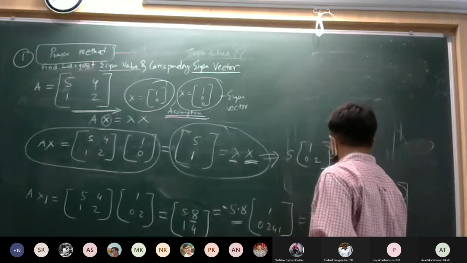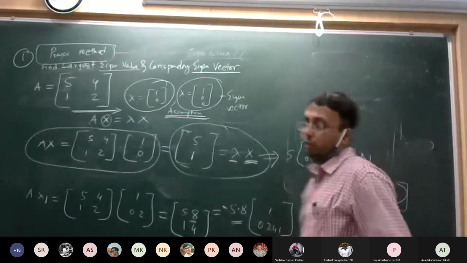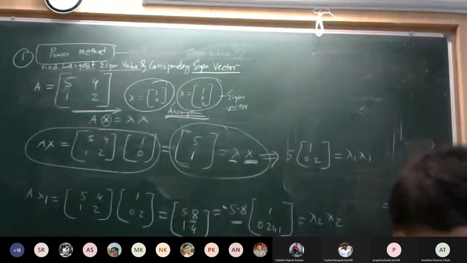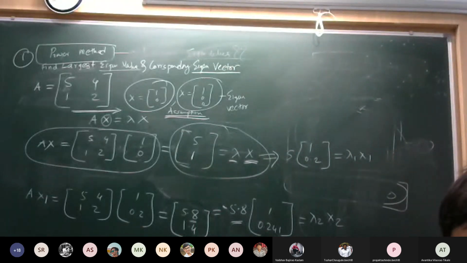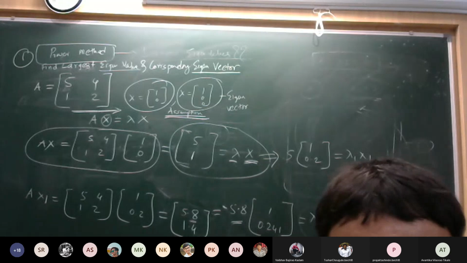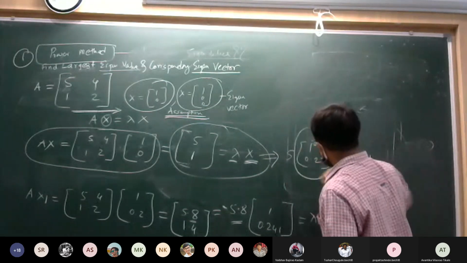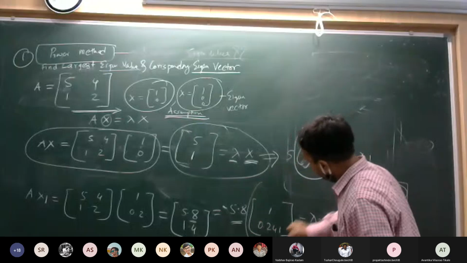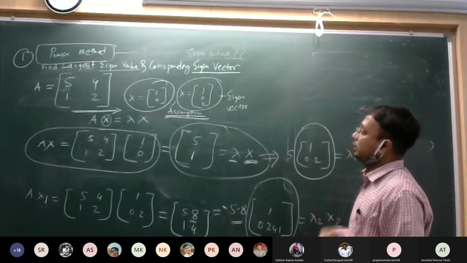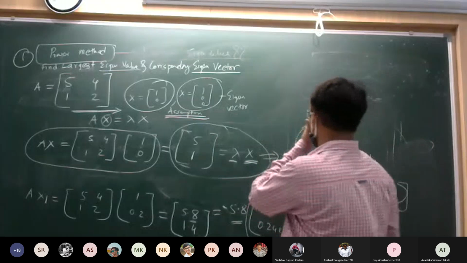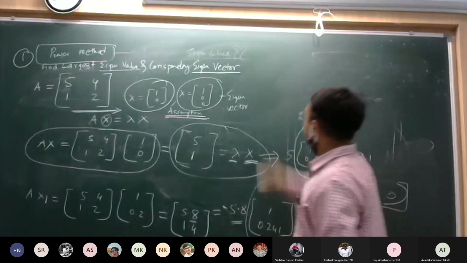So lambda 2 x2. This way we have to multiply this particular matrix until we get the two corresponding eigenvectors the same. This value and this value should be the same. Up to that we have to repeat this particular procedure. So now I will write this particular part, Ax2.